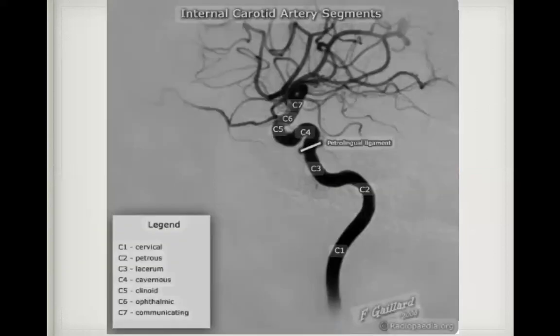Okay, and this shows it on a digital subtraction angio image. It's well labeled. We can see the petrolingual ligament there, and that area is called the carotid siphon. We can see it makes that kind of S shape before giving off the ophthalmic artery, and then dividing into its terminal branches.